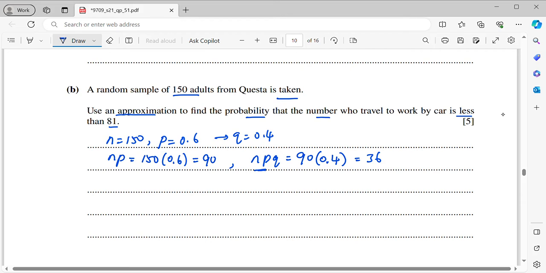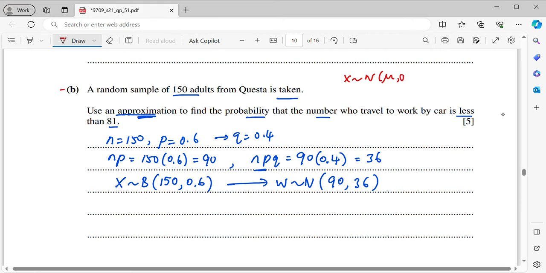So now, since your NP and NQ are greater than 5, therefore we need to apply the approximation, which is normal approximation to binomial. Okay, so the working becomes X is binomial distributed, 150 as the N, probability P is 0.6, and now I approximate to normal, where the variable is W, the mean is 90, and the variance is 36, because our formula is X ~ N(mu, sigma squared).